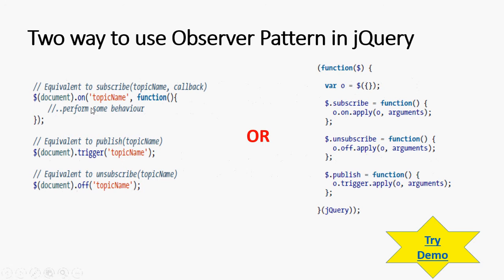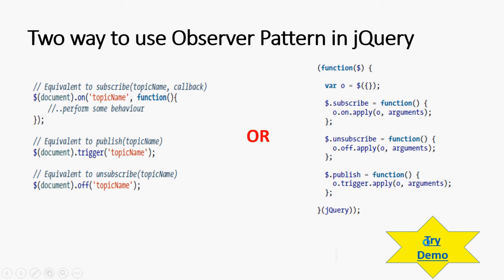Here we can see that using on is like subscribing to the custom event, using trigger is like publishing to the event handler, and off is like unsubscribing. For people who want to use the conventional naming of the observer pattern, there is also a wrapper. You can call the subscribe, unsubscribe, and publish functions, which match the on, off, and trigger.